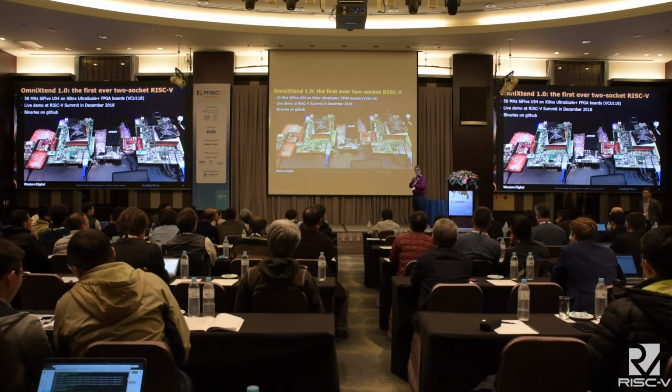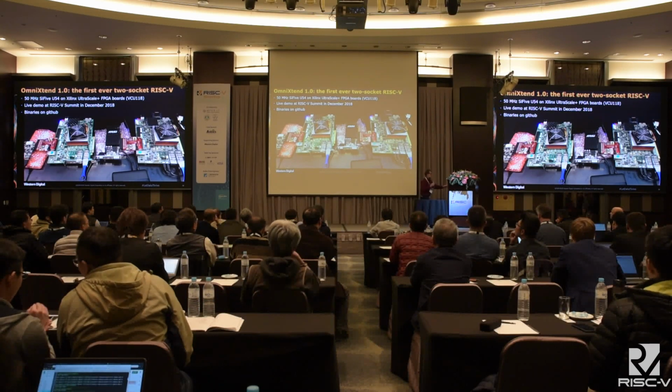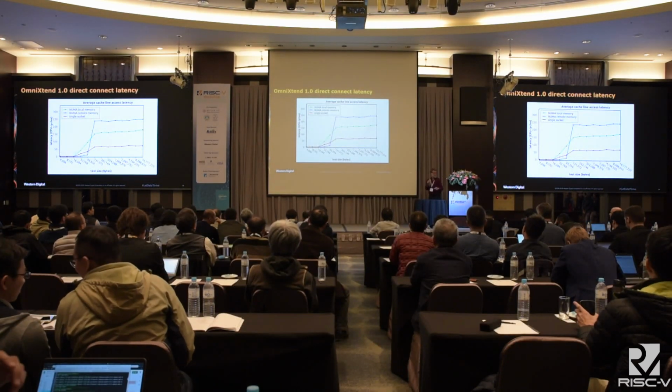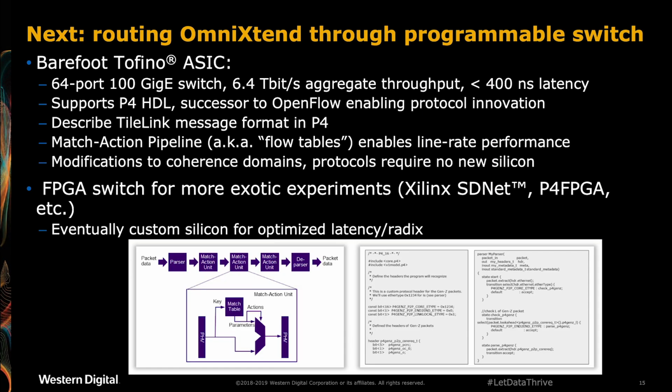Here's the next slide. Next one, sorry. Yes, this one. So from this slide, I can see that there are 64 ports, each 100 gigabit. So are you going to do some high-speed networking experiment or something?